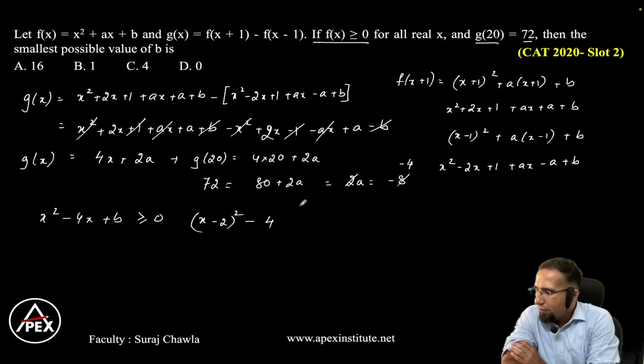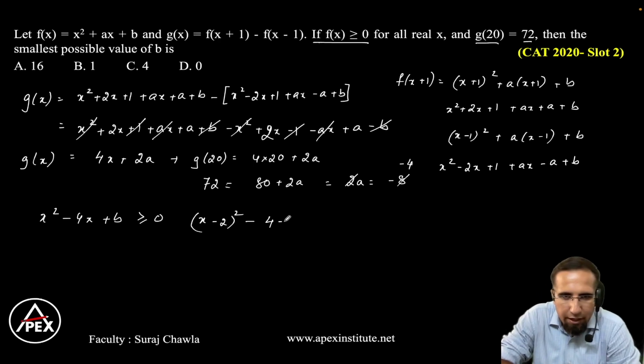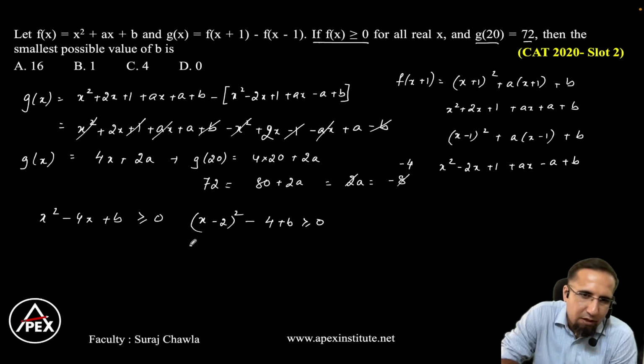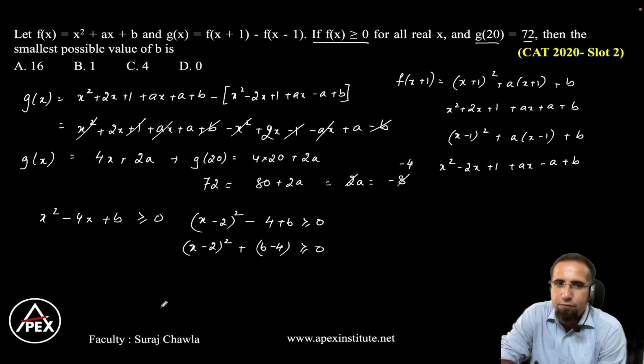Clear. So what do we have here? We have a minus 4 and then we have a plus b here, right, which is greater than or equal to 0. So I can rewrite this as x minus 2 whole square plus b minus 4 is greater than or equal to 0.